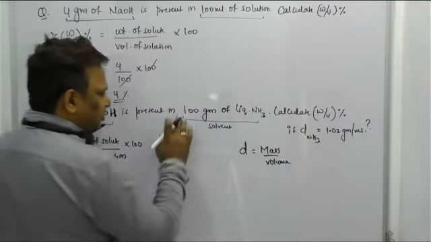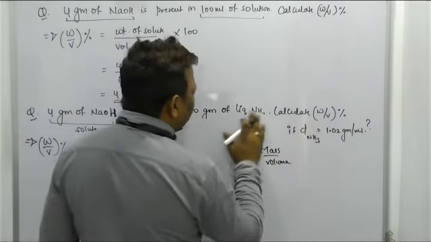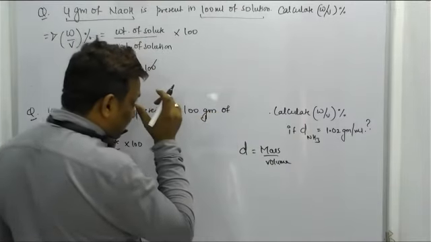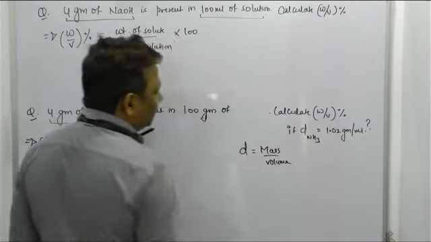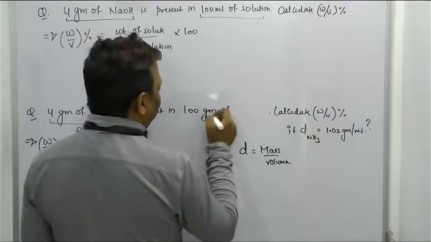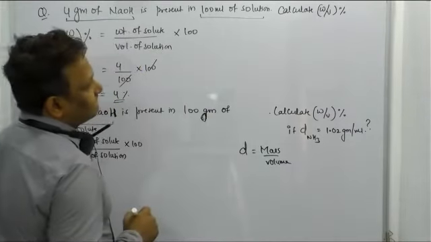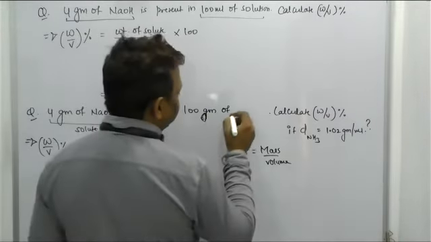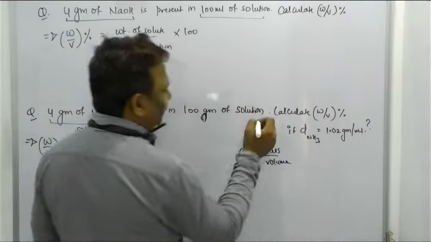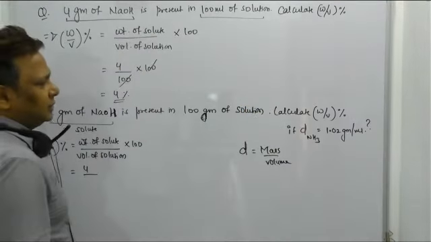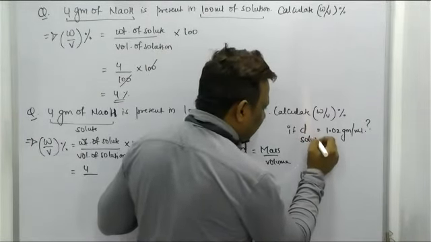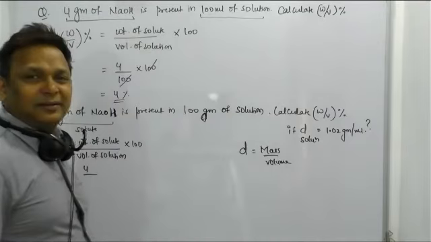Or instead of solvent, you can take here that it is dissolved in 100 gram of solution. You take 100 gram of solution and the density of solution is given as this much gram per ml, right beta?